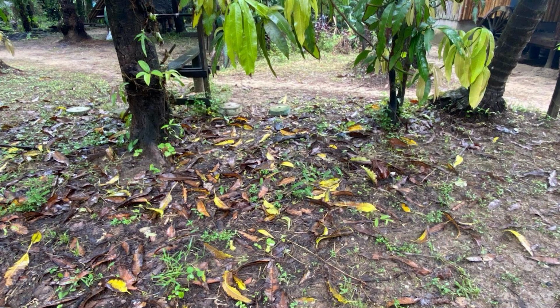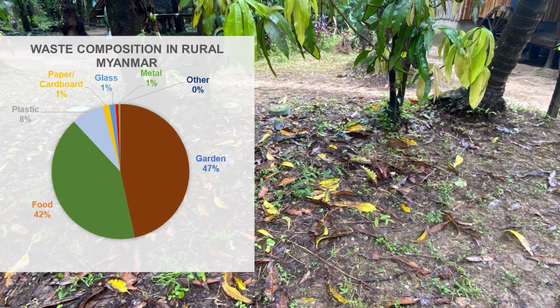Before we start thinking about treatment options of organic waste, I want to emphasize why this is so important. When we look here at the composition of waste in the rural areas, we see organic waste makes roughly 90% of the waste which is generated.